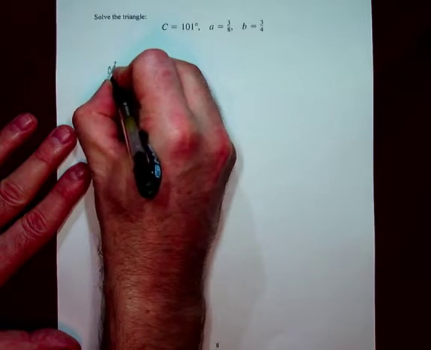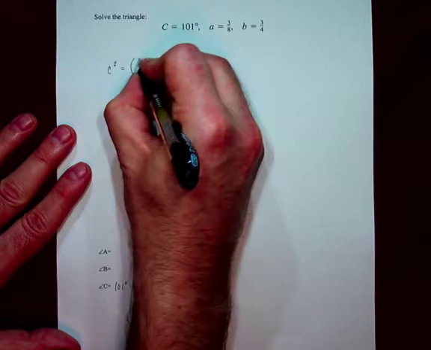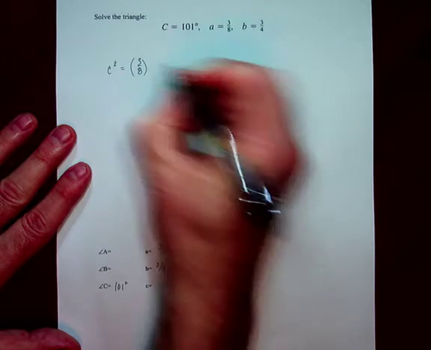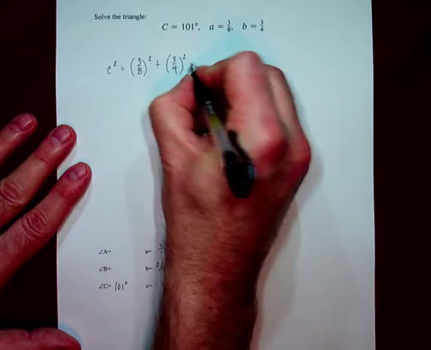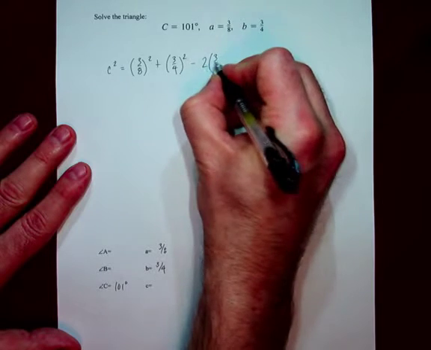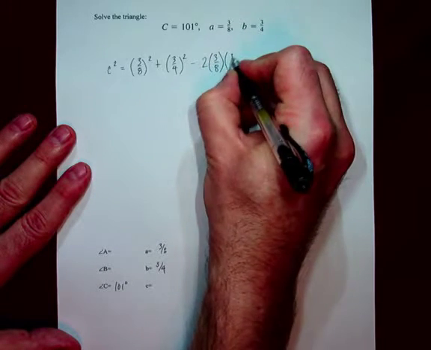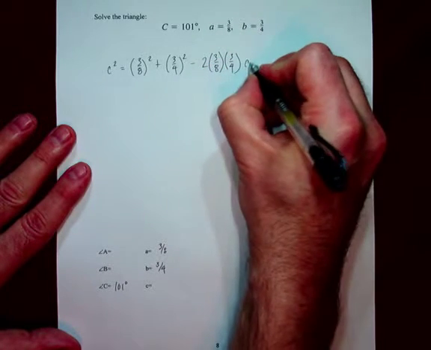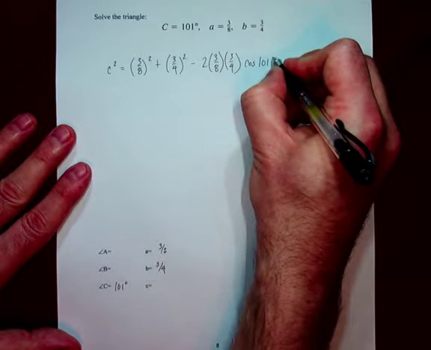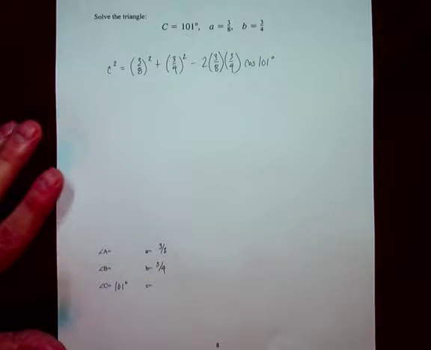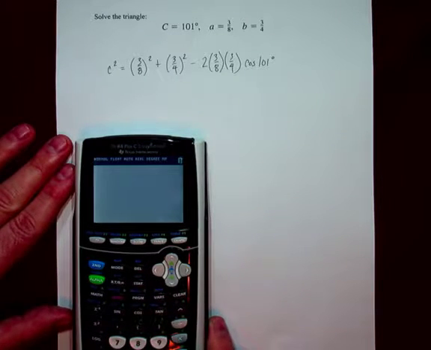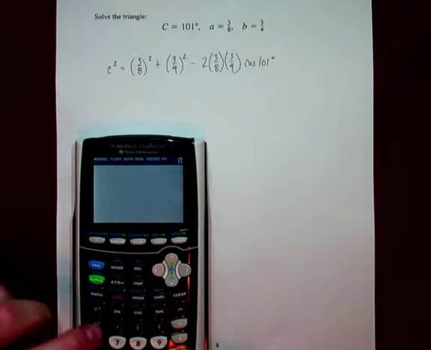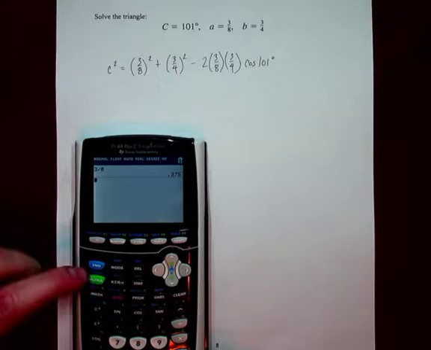And so c squared is equal to a squared plus b squared minus 2ab cosine 101. Now, this is one of those ones where if you want to deal with decimals, that's fantastic. You just get down with your bad stuff.